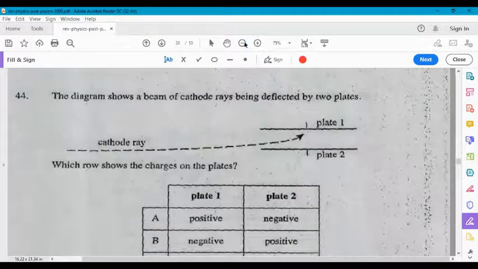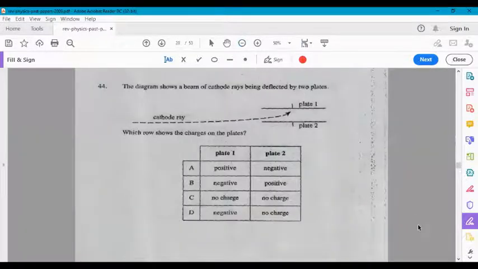Number 44. The diagram shows a beam of cathode rays being deflected by two plates. Which row shows the charges on the plates? Remember, cathode rays are electrons. Electrons have a negative charge. So they are going to be attracted to a plate that has the opposite charge.